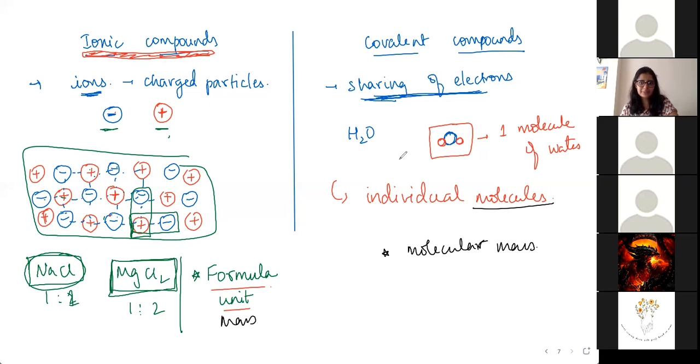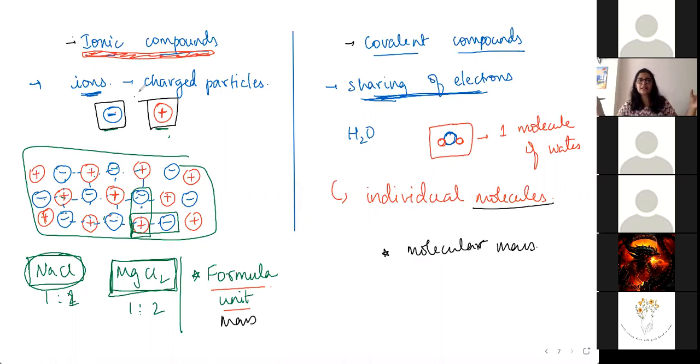Okay. So to keep it simple, do you understand the difference between ionic compounds and covalent compounds? Yes. Okay. So ionic compounds contain charged particles, two types of charged particles, anion and cation. Between the ions you have electrostatic forces of attraction.